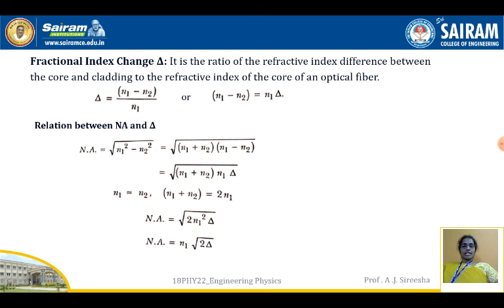Now we see the relation between NA and delta. We know that NA is equal to root of n1 square minus n2 square. It is a square minus b square, so we rearrange it as a plus b into a minus b.